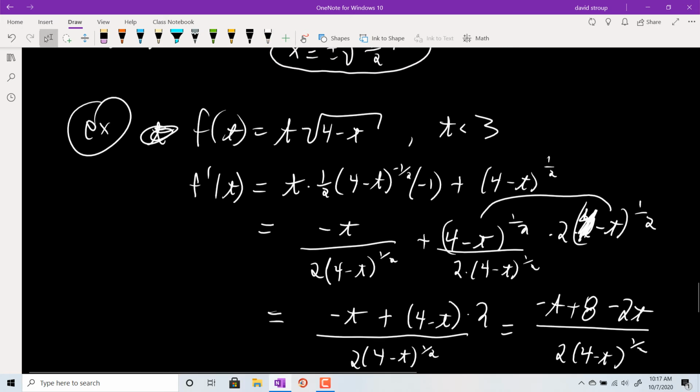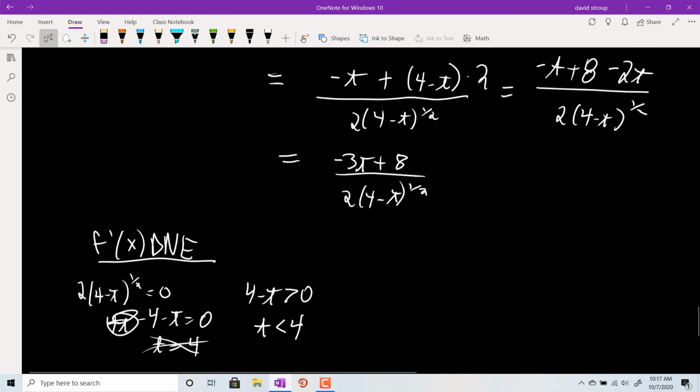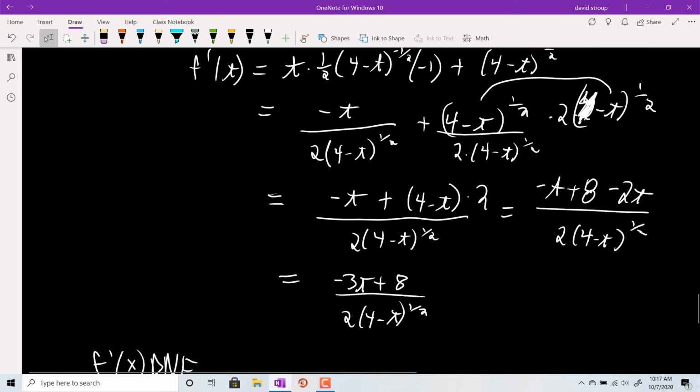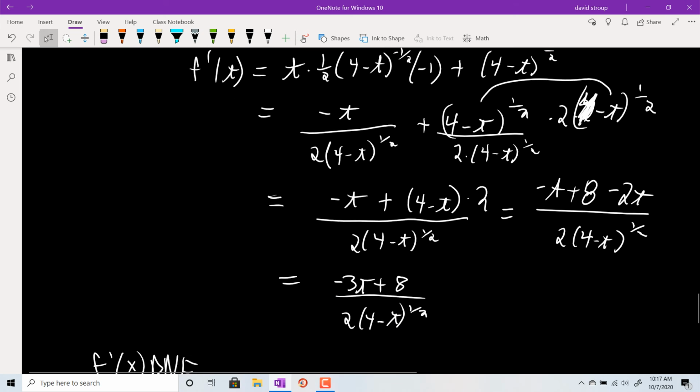But that's not in our domain because they only want values less than 3, so we can toss that in the trash. Then you need to make sure that 4 minus t is greater than 0. We just checked equal to 0. Usually it'd be greater than or equal to 0 for square roots. So we just have to make sure that t is less than 4. Okay. Otherwise, it won't work. The derivative won't work. And of course, just from the domain, the function isn't even defined there, so it wouldn't be a critical number anyways.